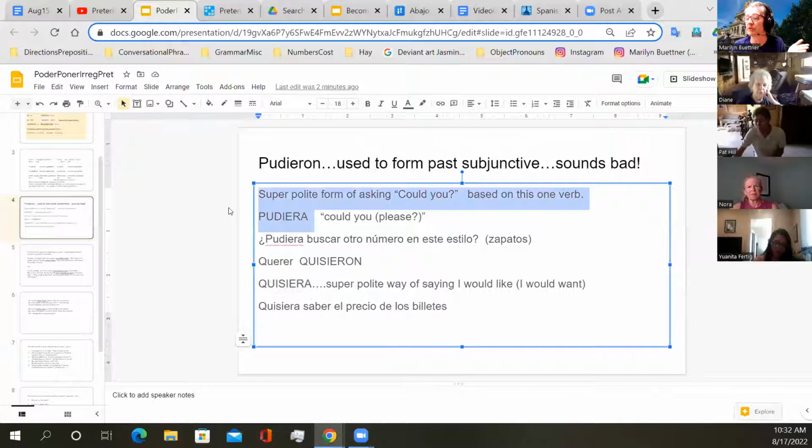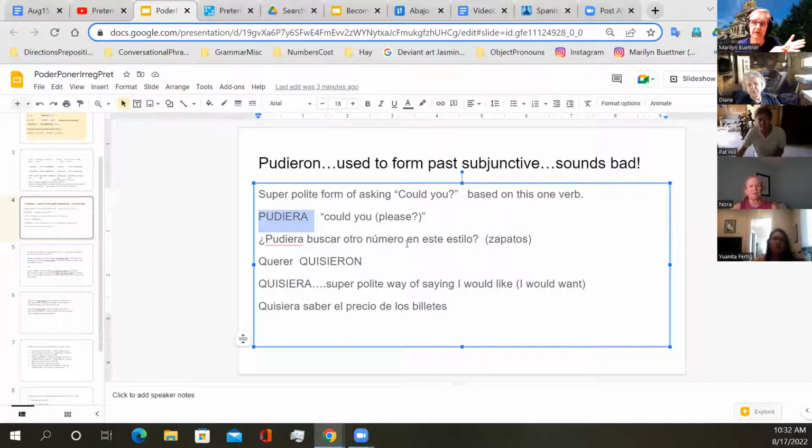So that's why you want this word pudiera. Pudiera, if you're asking somebody to bring something to you. Puede traer, can you bring, just says, well, you got 2 feet, can you walk it over? That's what it means. What you want to ask is, pudiera traerme este postre.